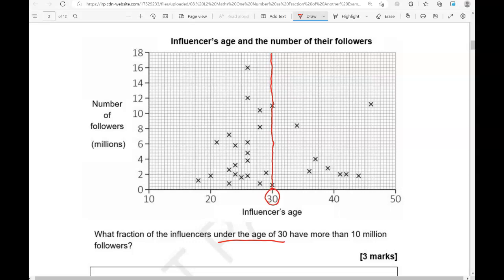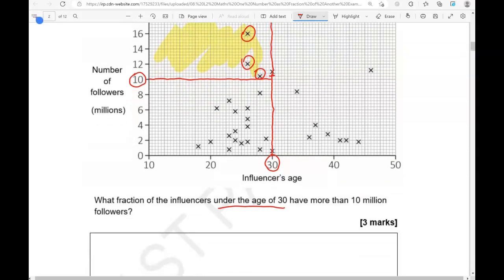So we're looking for those on the left, under 30, who have more than 10 million followers. So that's 10 million followers. So within this box here, at the top. So it's 1, 2, 3 influencers. Not including this because this person there is aged 30 and I'm looking for under 30.